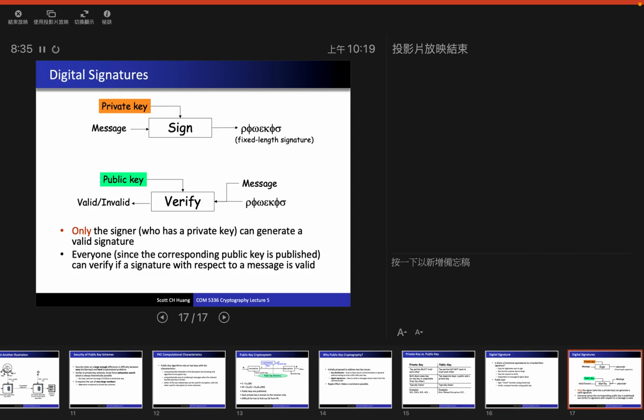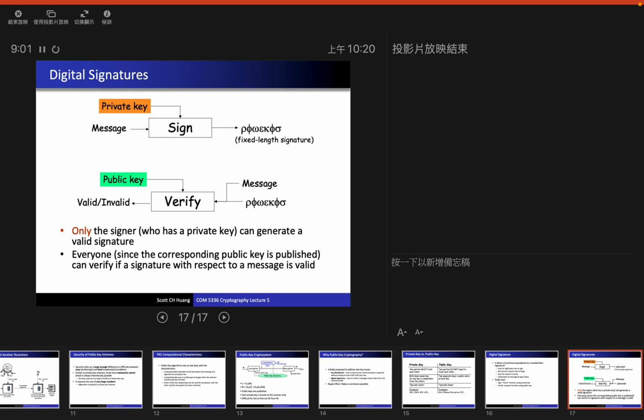For asymmetric encryption, the encryption operation depends on the public key, right? And the digital signature is the reverse. The sign depends on the private key, and then the verify depends on the public key. So in many cases, it's the opposite use of a crypto system.